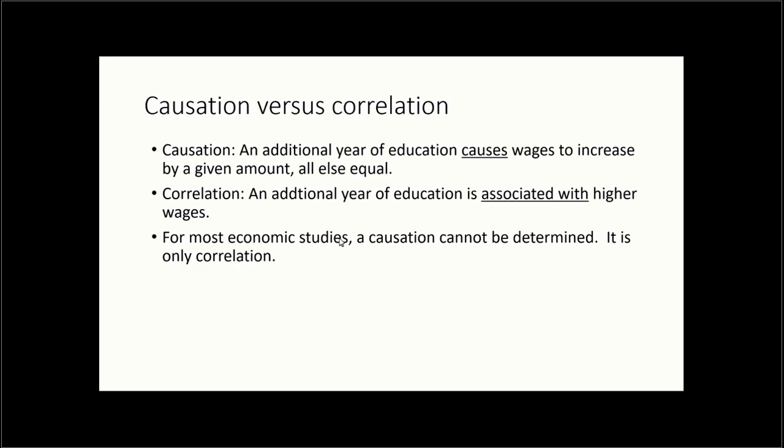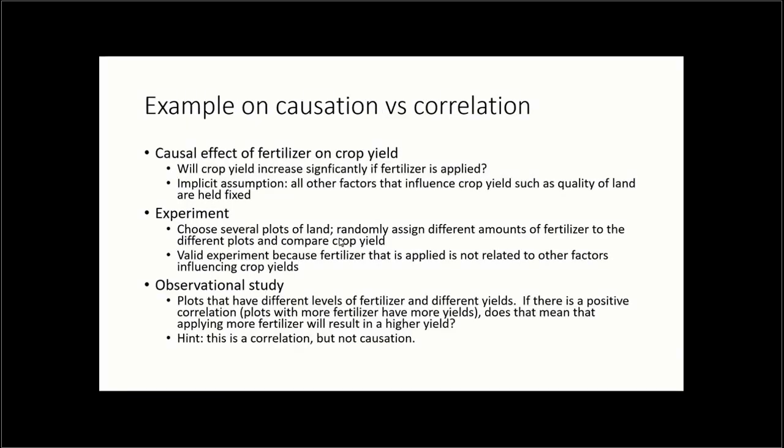And so for most economic study, a causation cannot be determined. It's only a correlation. So saying "is associated with" is better practice than saying "causing" when we interpret, say, regression results. So let me just give you 2 examples of causation versus correlation.